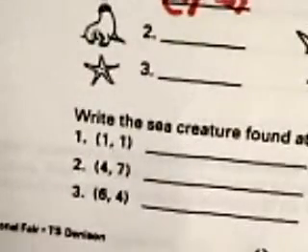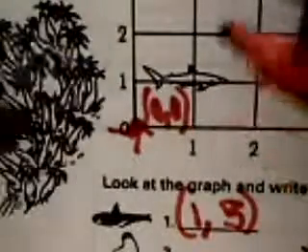Now sometimes you'll just have an ordered pair. Let me go ahead and bring this camera down a little more. Let's see how this looks. Down. Not too bad. So this ordered pair right here on number 1 says 1, 1. So we need to find what sea creature is on 1, 1. So we go ahead and bring the map here, and it's a shark, an awesome shark. I love the shark. It's similar to me.